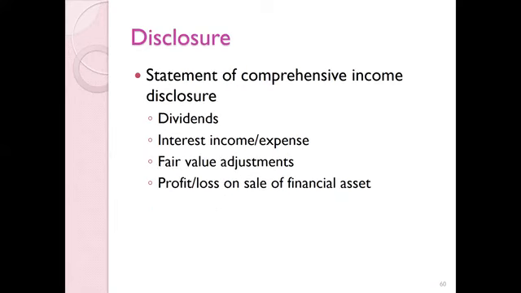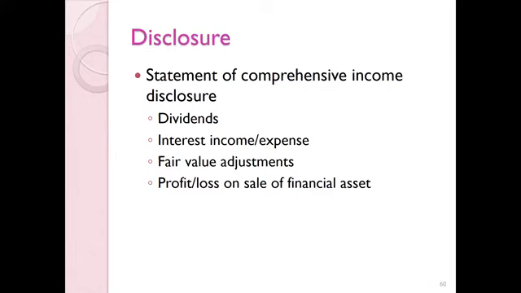In terms of your statement of comprehensive income, we expect to see potentially dividends coming through there in the form of your profit or loss values. And remember, those adjustments would be made directly to the financial asset or financial liability. Any interest income or expense, this is particularly relevant in terms of the amortized cost method.